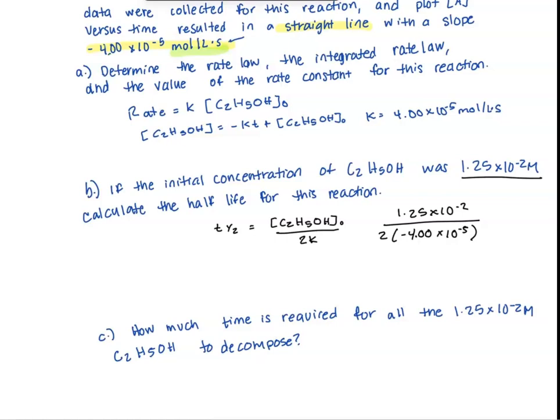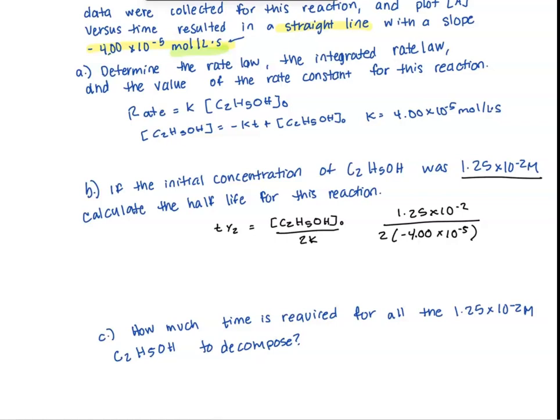All right, so if we put that into the calculator, 2 times 4.0 times 10 to the negative fifth, and 1.25 divided by that.